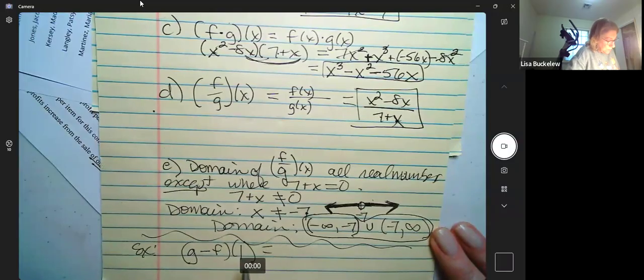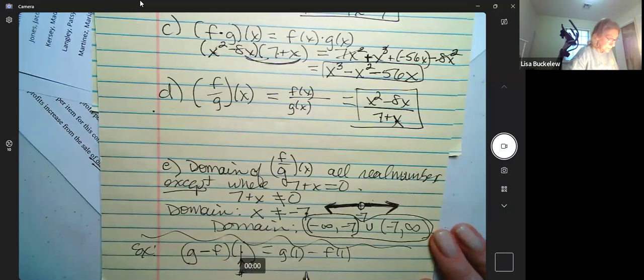This means that we're going to plug 1 into each one of those functions and then just subtract the answers. So when you have a number at the end in the parentheses, that means we're plugging 1 into something and working out an answer. If a number goes in, which is what this tells us, what's going to come out is a number answer.